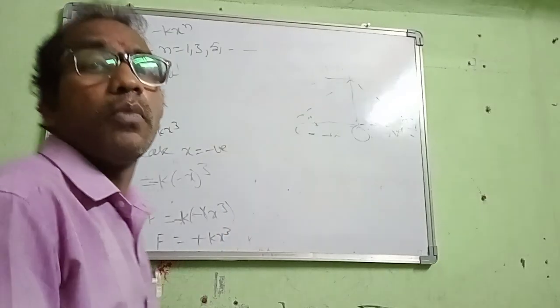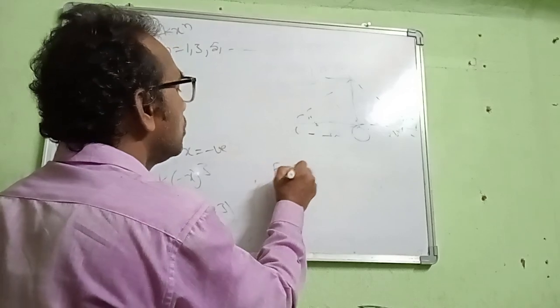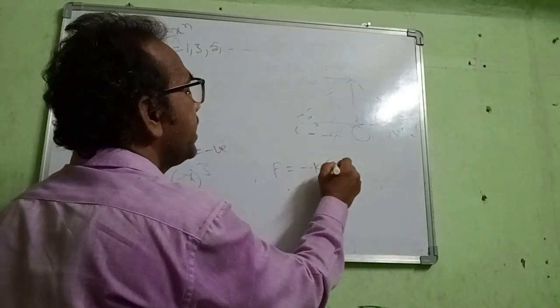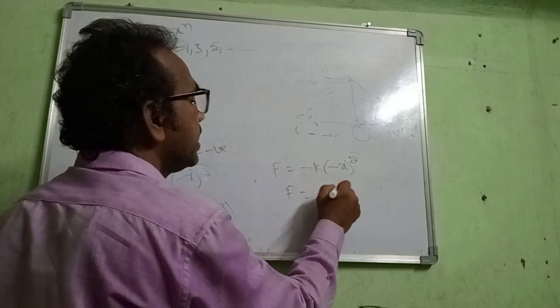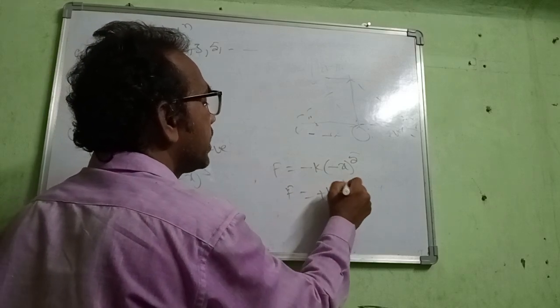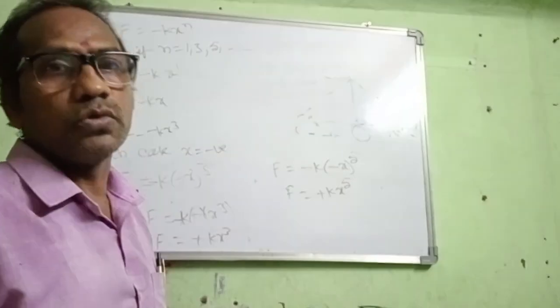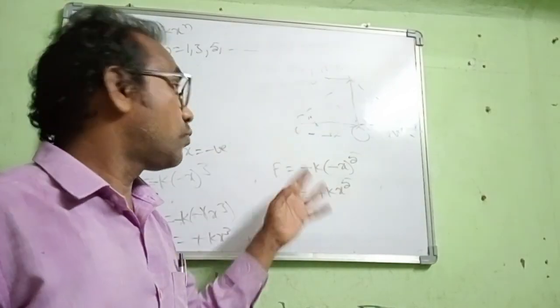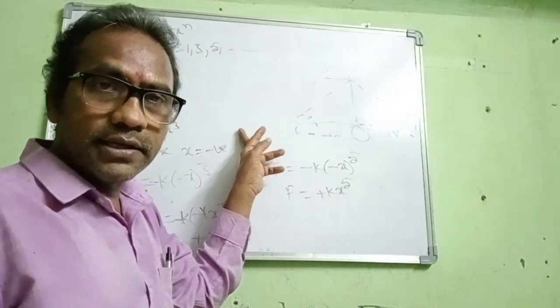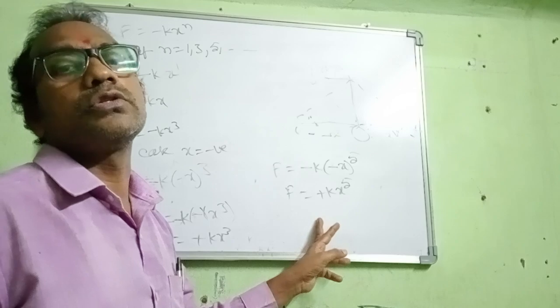So force is positive. Suppose F equal to minus k x power 5, x is minus, so F equal to minus k minus into minus, plus k x power 5. So F is positive in this case. So for odd integers, F can be positive.